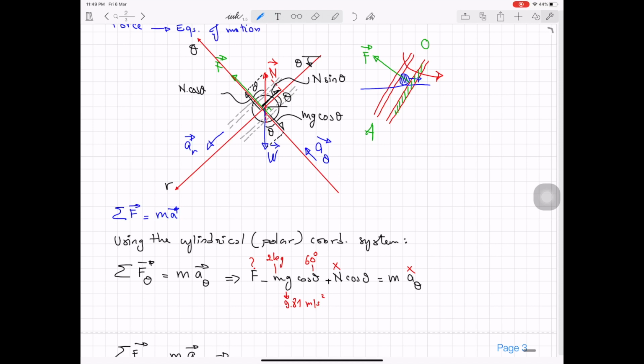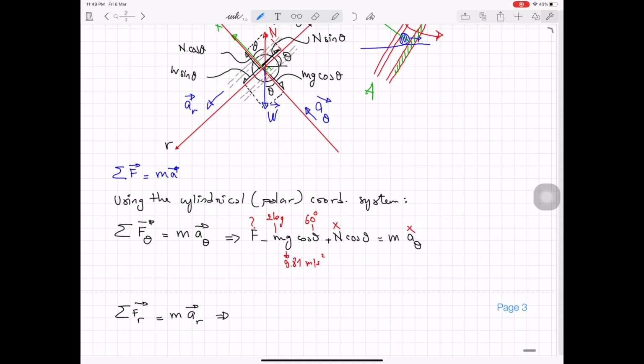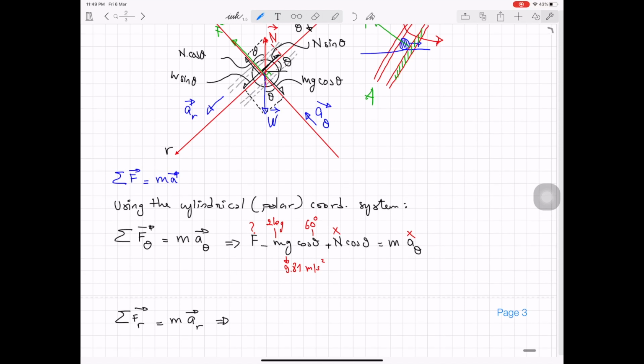0. We have another component of the weight on the radial axis, and that component is positive, and this component is simply W sine theta. So what we have here, we have W sine or mg sine theta, it is positive here, minus N sine theta.